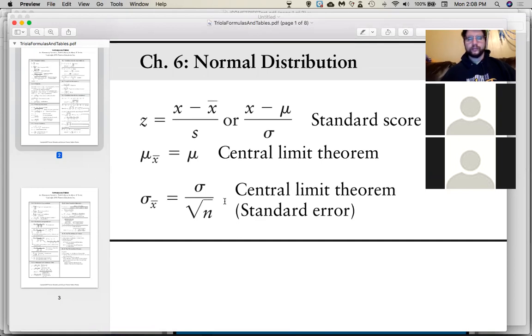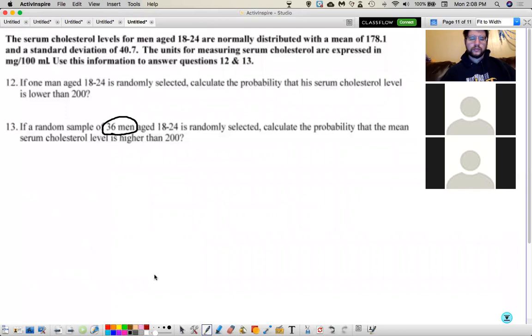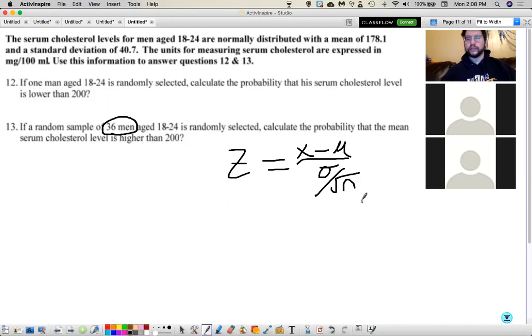That's the only difference. So instead of this, I have to take this and divide it by square root of n. That's the only difference whenever you have some sample size here. Which if you think about it, if we have 1 man, the square root of 1 is 1, so it could use the same formula.